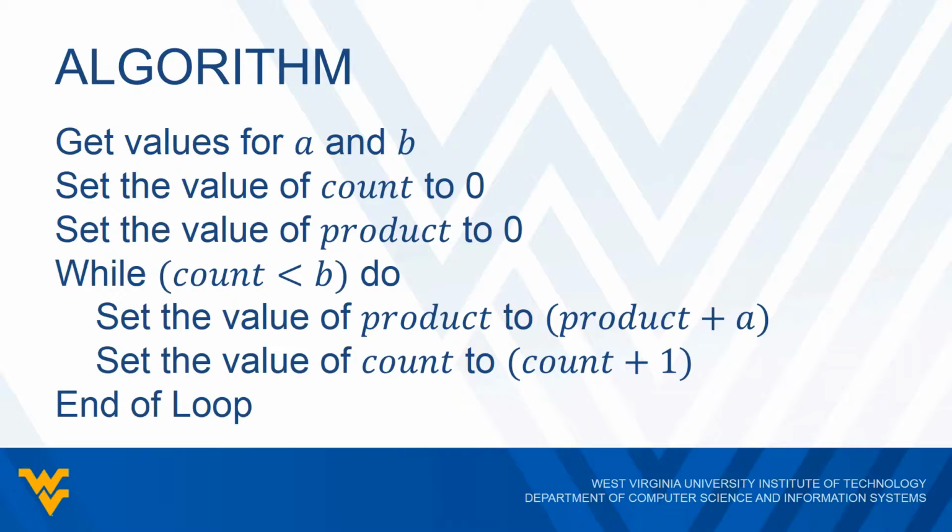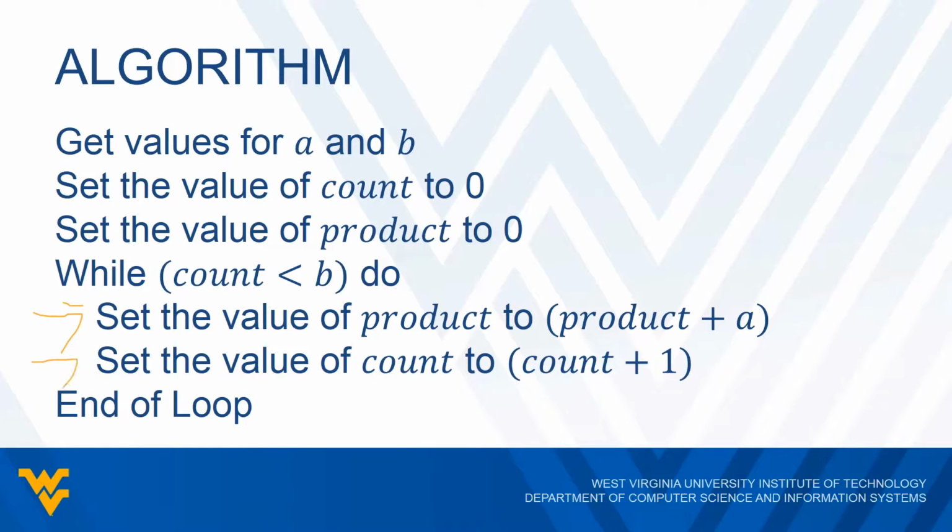Here's the algorithm for multiplying two numbers. The first step is that we're going to get our input. We need to get values for a and b, so we'll store some numbers in them. The next step would be to initialize the value of our count variable, so we're going to set that to 0. The third step is to initialize the value of our product variable, so we're going to set that to 0. We then have our while loop, so our condition is going to be that count is less than b, and then inside the loop, and notice that we indented the lines in here.